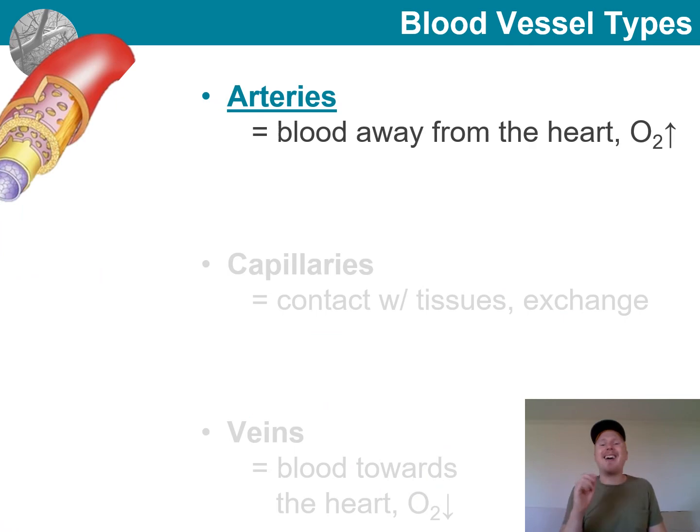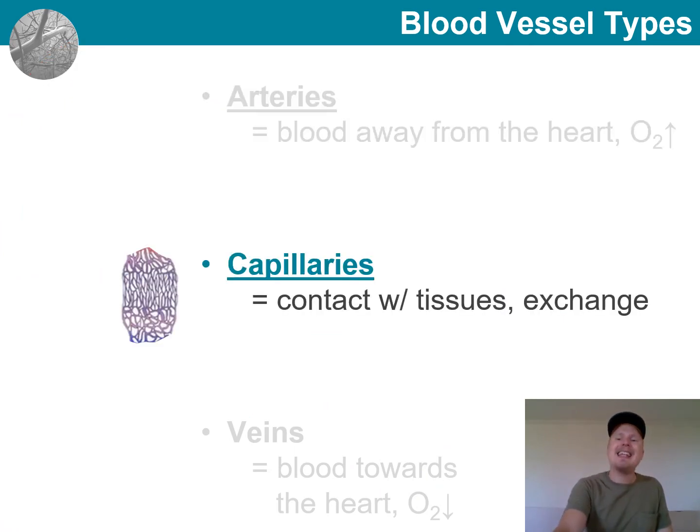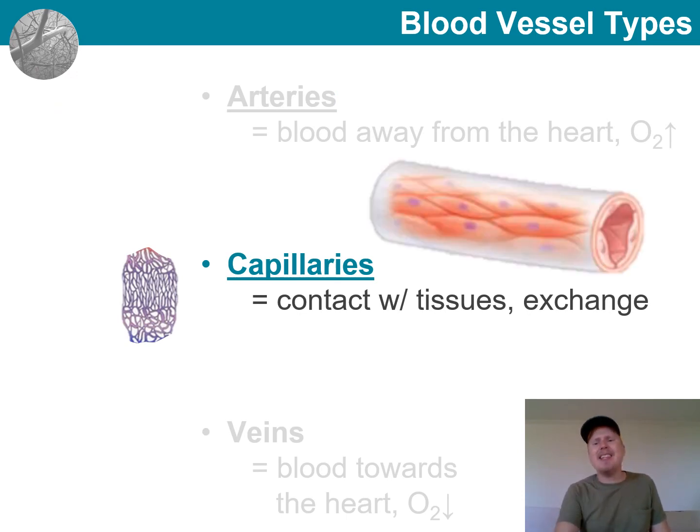So that was our arteries. Let's look at capillaries next in a little more detail. These are very small vessels, in fact so narrow in the diameter of the lumen that only about one red blood cell can squeeze through at a time.